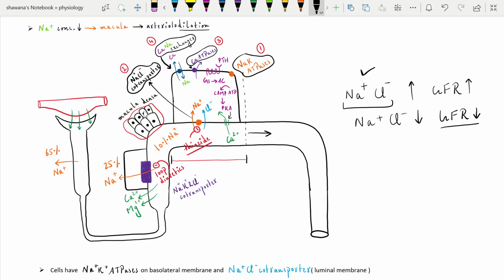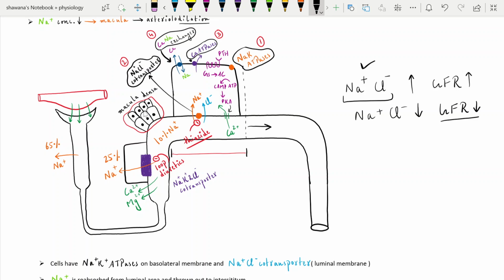First of all, you need to understand that these cells have a special pump known as the sodium potassium ATPase. Under the influence of ATP, they pump sodium out and potassium into the cell against the concentration gradients. When the sodium potassium ATPase pumps the sodium out, it makes the cell sodium poor.